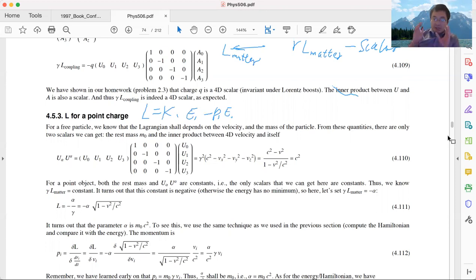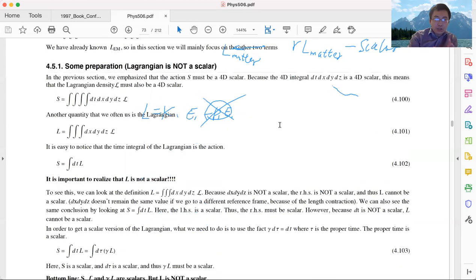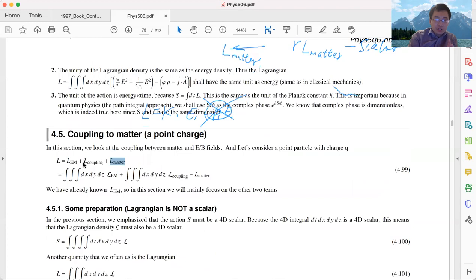But here I want to argue the Lagrangian only contains kinetic energy. There is no potential energy for the matter part. The reason we don't need potential parts here is because we are doing E and M. When we are doing E and M, the potential energy part is in the coupling.